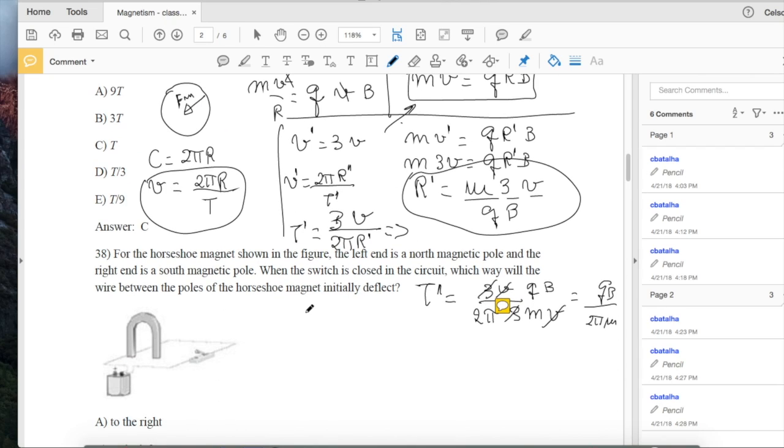What does that give me? So the new velocity is equal to 2 pi, the new radius divided by the new time. So the new time is equal to 2 pi r prime divided by v prime. So this I know. The time is 2 pi r prime divided by v prime, which is 3v.